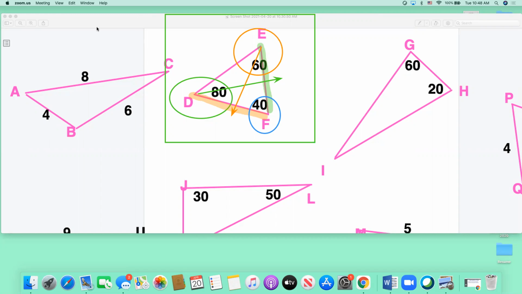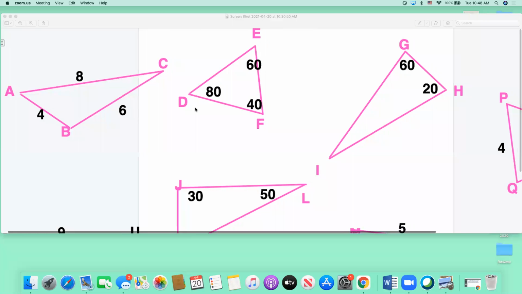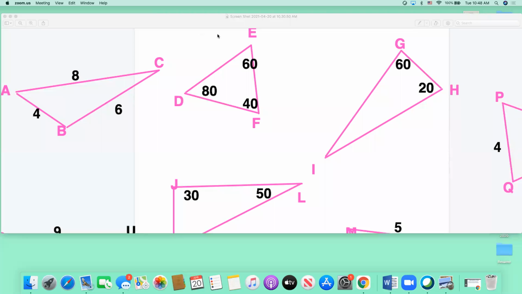This 40 is our smallest angle, so if I draw an arrow across, it hits there, which means DE is our smallest side. Does that make sense? The angles are easier if you ask me, because there's a lot more happening here. All right, we can box this one in right here.